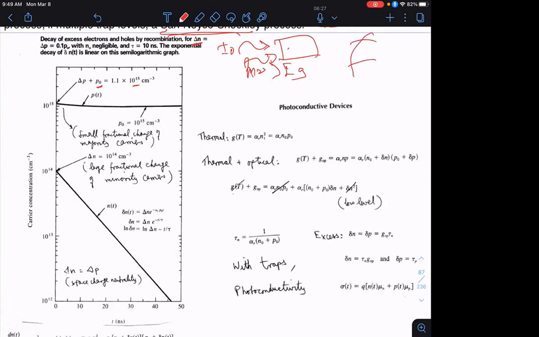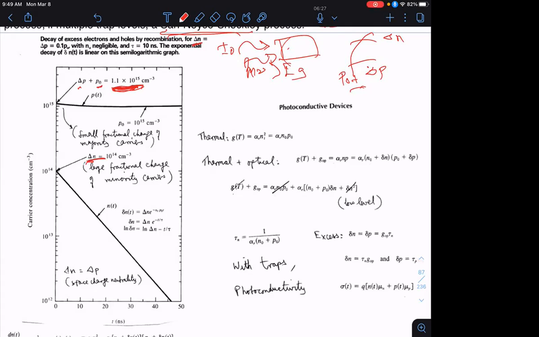So I'm exciting electrons from the valence to the conduction band, and I'm creating excess holes, delta P equal to delta N. In this case, I have chosen a p-type semiconductor. So I had a starting hole concentration of P0, which in this case is 1 × 10^15. But then delta P is 10^14, or 0.1 × 10^15. So the resulting majority carrier hole concentration is 10^15 plus 10^14 due to the electron-hole pair creation, or 1.1 × 10^15.